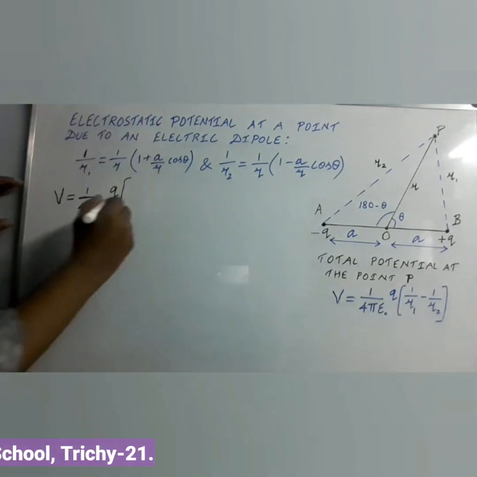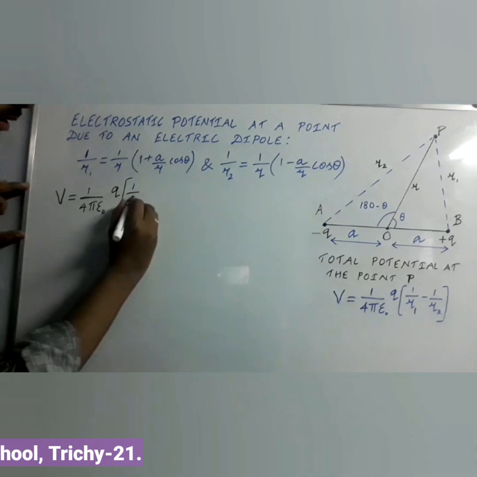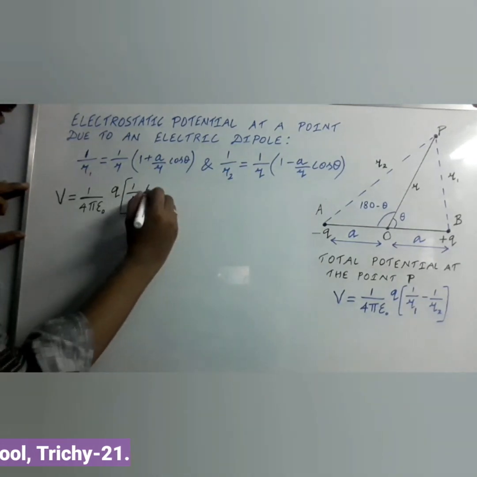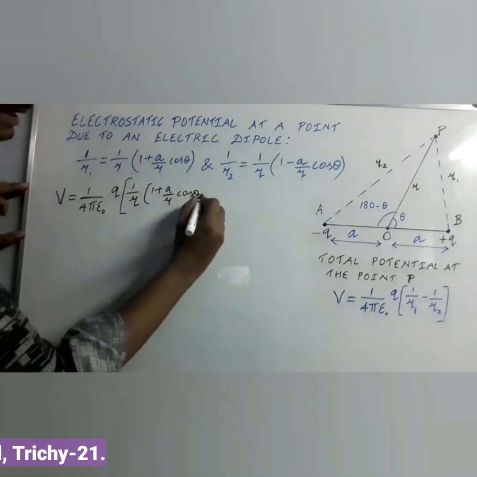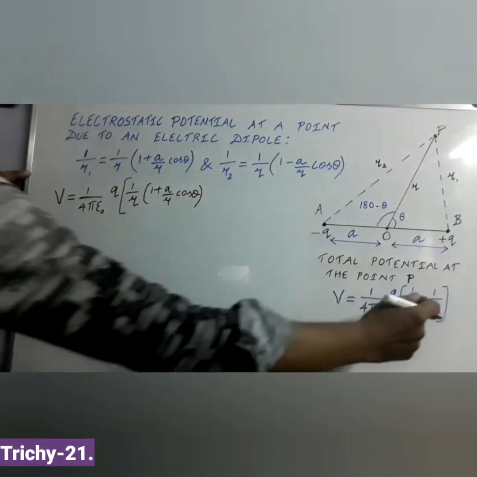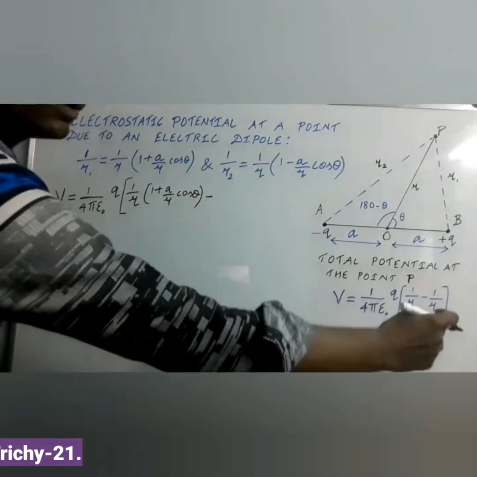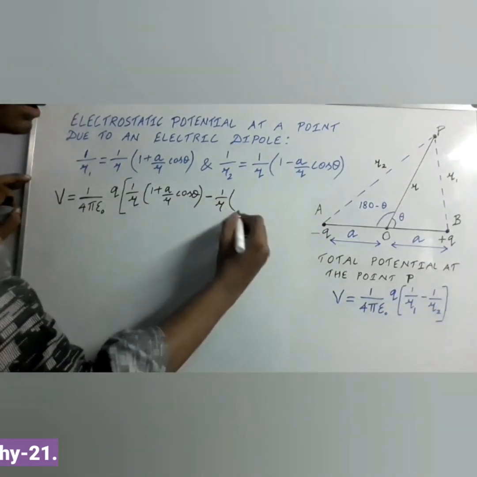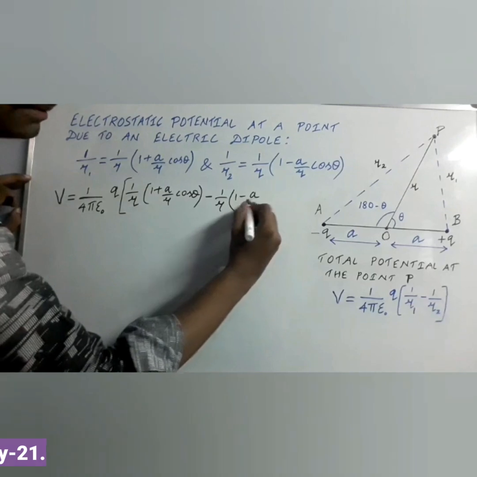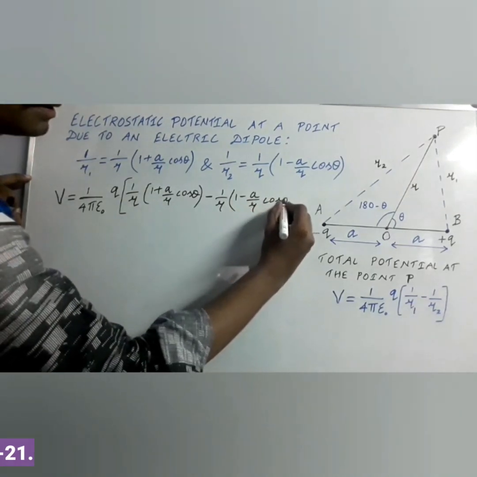What is the value of 1 by R1? Here I have written 1 by R within a bracket, 1 plus A by R cos theta, minus, what is the value of 1 by R2? That is nothing but 1 by R within a bracket, 1 minus A by R cos theta.